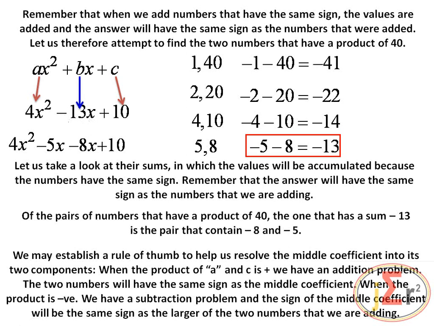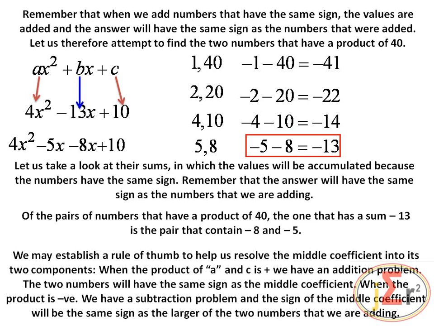The two numbers are negative. In the first case, the product was positive. The middle coefficient was positive. The two numbers are positive. So that is what we have when the two numbers multiply to give a positive result.